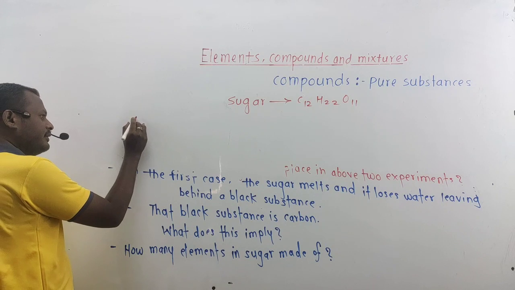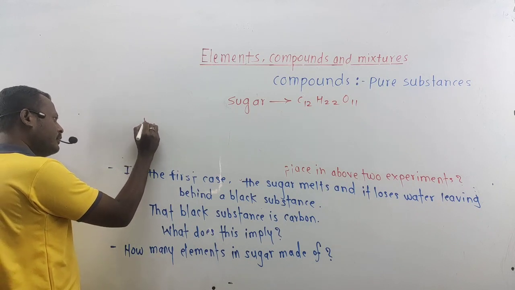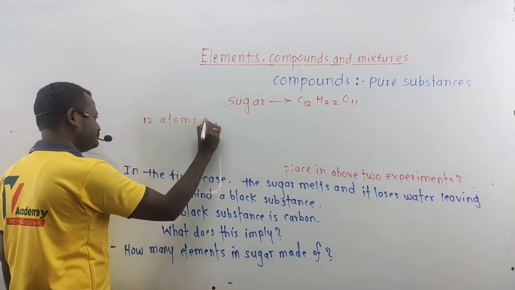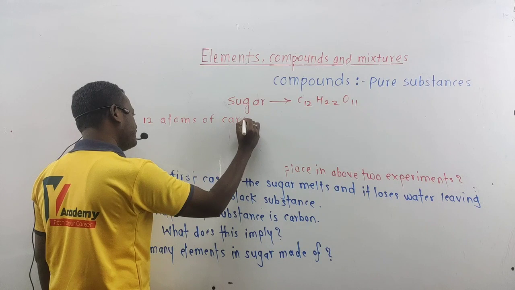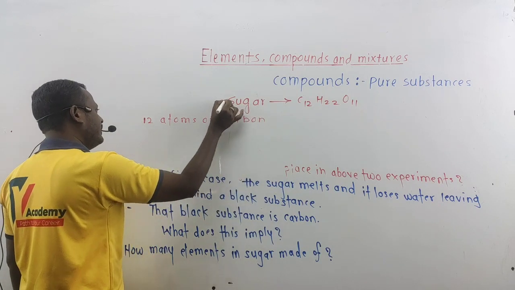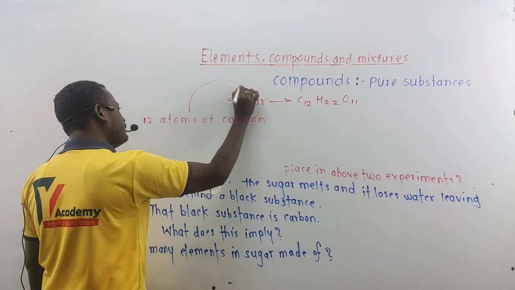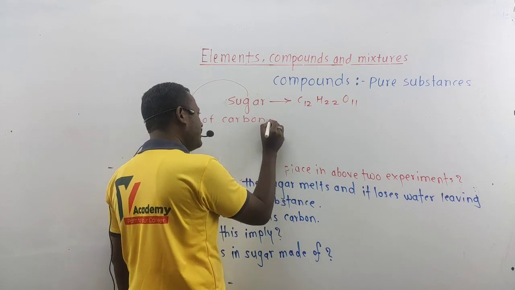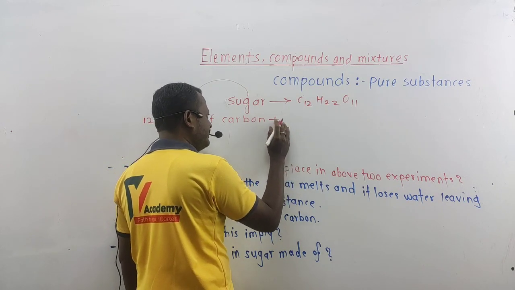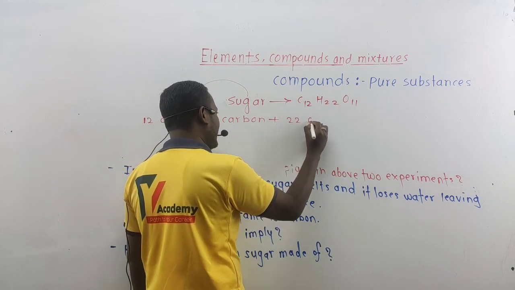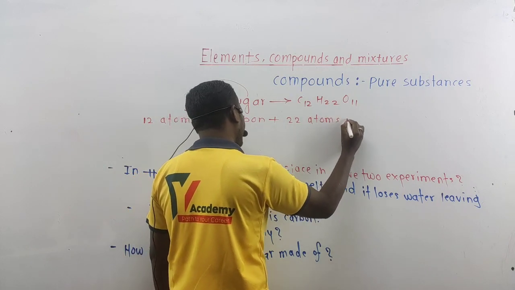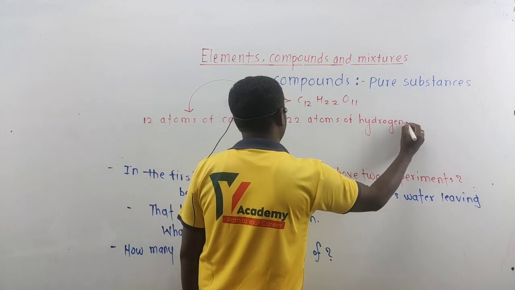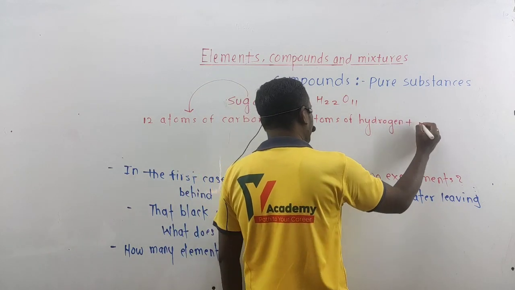It means in sugar there are 12 atoms of carbon plus 22 atoms of hydrogen and 11 atoms of oxygen.